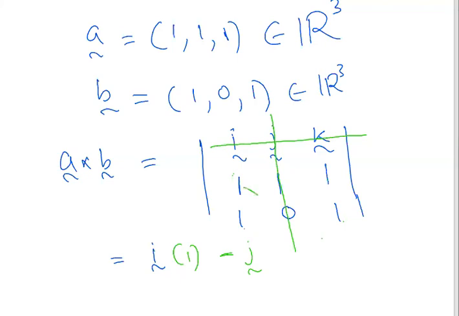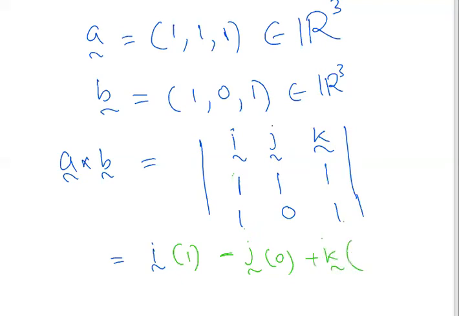Take the determinant of that matrix: 0. Done with that. Now for this one, the sign is positive, positive K.